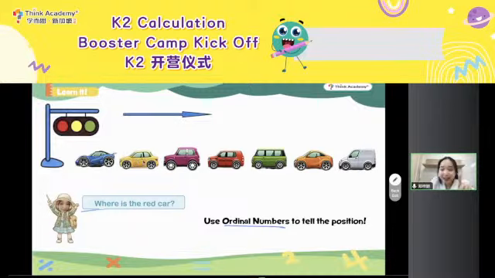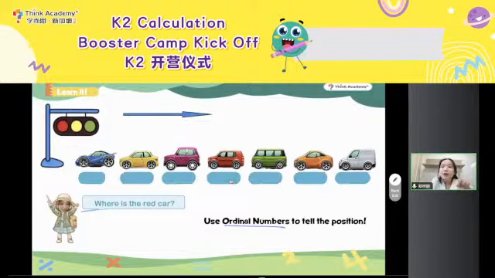Okay. And then, can you also tell the position of all the other cars? So the blue car is the first car. Where is the yellow car? The yellow car is the second car. What about the pink one? Where is the pink car? The third car. And we have the red car being the fourth one, fifth for the green car, sixth for the orange car, and 7th for the white car, right?